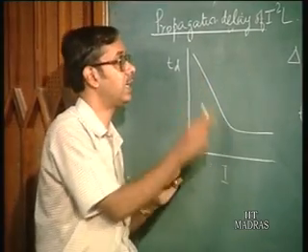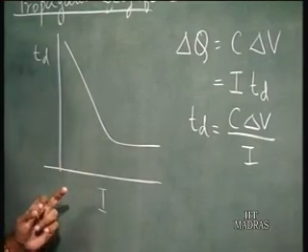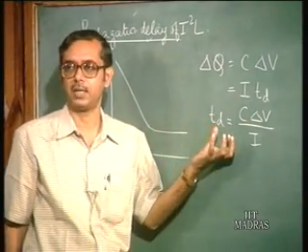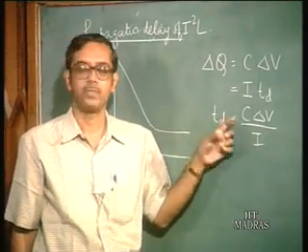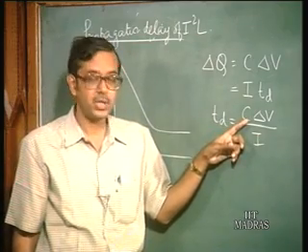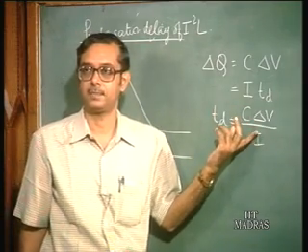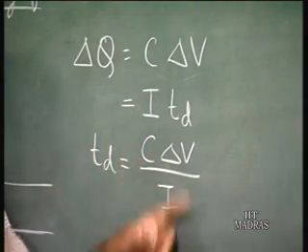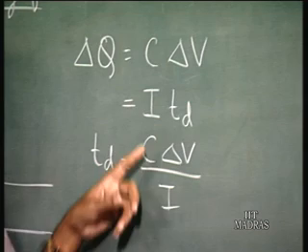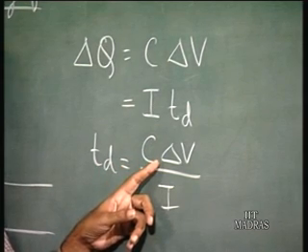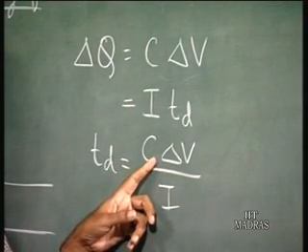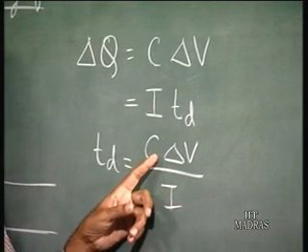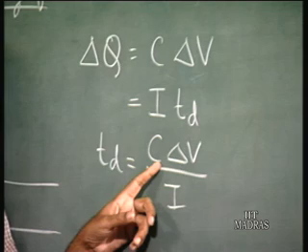That is, if you increase I, the delay is going to fall. But once the other capacitance, the diffusion capacitance, starts to dominate, you will find that the diffusion capacitance itself is proportional to current. The junction capacitance is independent of current, so you get this type of relation, but the diffusion capacitance CD is itself proportional to current. So in this relation, Td will become independent of current, if C is proportional to current.